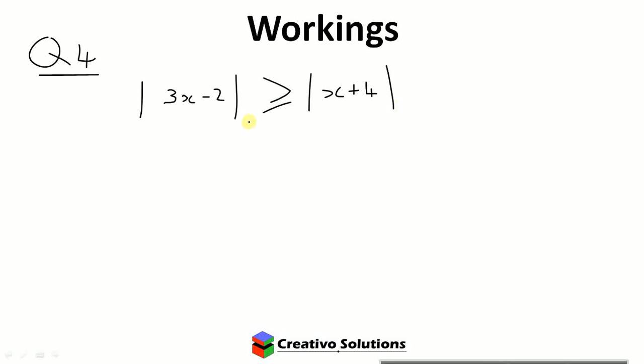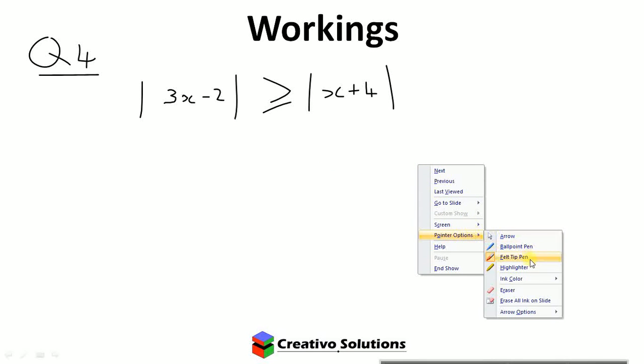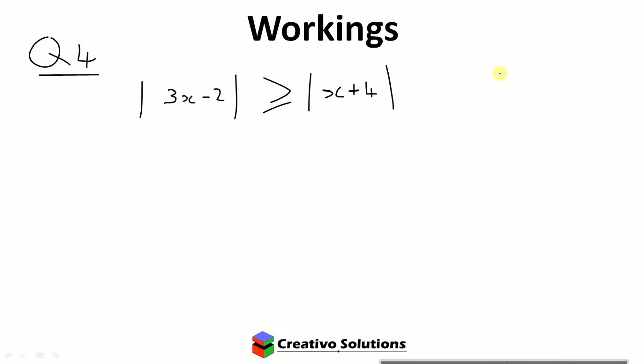Okay, so when you have this, what does that absolute value mean? It must be positive. Do you agree? So this must be positive and that must be positive. Let's look at the workings for the absolute values first. 3x minus 2 must be greater than or equal to 0, because of the absolute value sign.